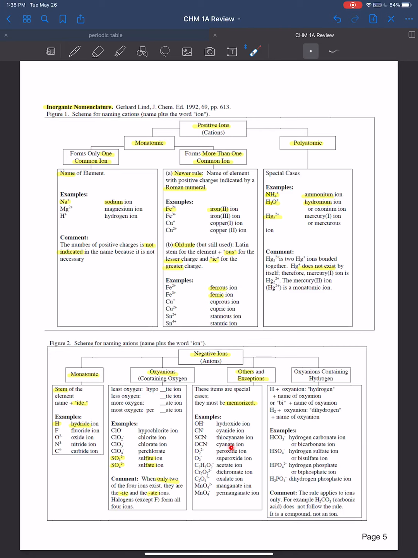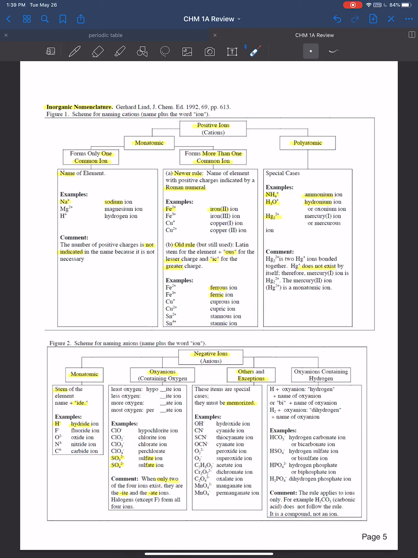Cyanate has the oxygen. Peroxide is O2 2-, as in hydrogen peroxide, for example. O2- is the superoxide ion. C2H3O2- is acetate, the conjugate base of acetic acid, which we will commonly use in my course.